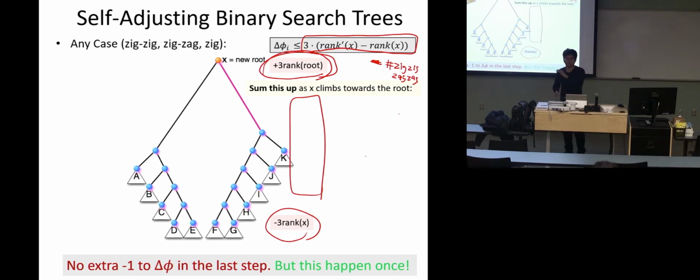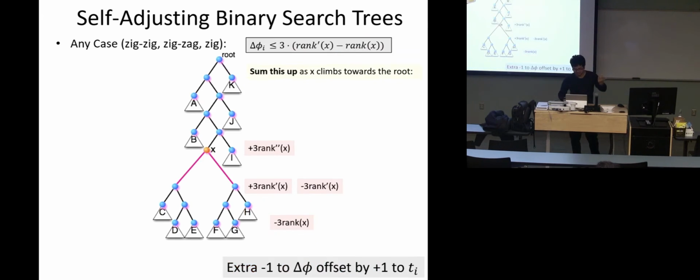Because every time you do a zig-zig or zig-zag, you also decrease your potential by 1. And basically you will use this thing, the decrease in potential here, to pay for your real cost.